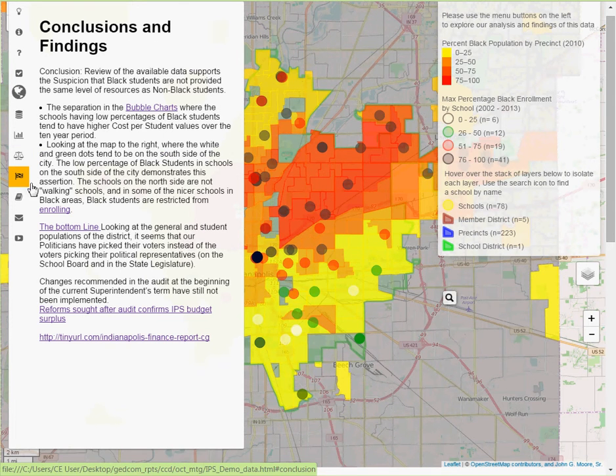And finally, being in Indiana, we have the checkered flag as being what our conclusions and findings are. One thing that comes up so often is there's a churning of the leadership in our school district. And so it can always be said, oh, well, we just got here.